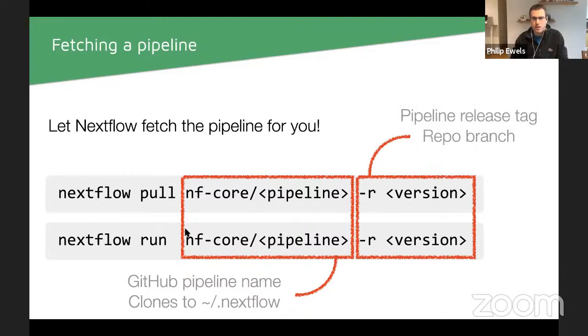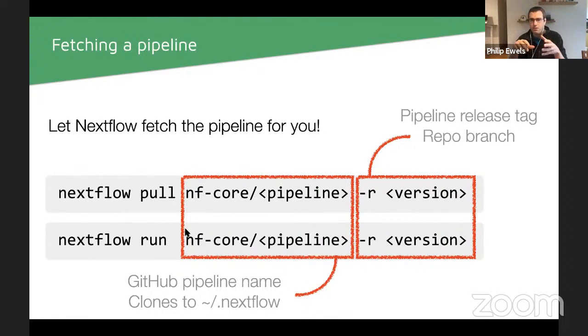And then we suggest that you always use the -r flag to pin a specific release tag, or you can also use a repository branch. This is good for reproducibility, because if you say -r version 1.2, and then you reuse that exact same command anytime in the future, it will always use that exact release of the code. And that guarantees that the pipeline code will be the same.